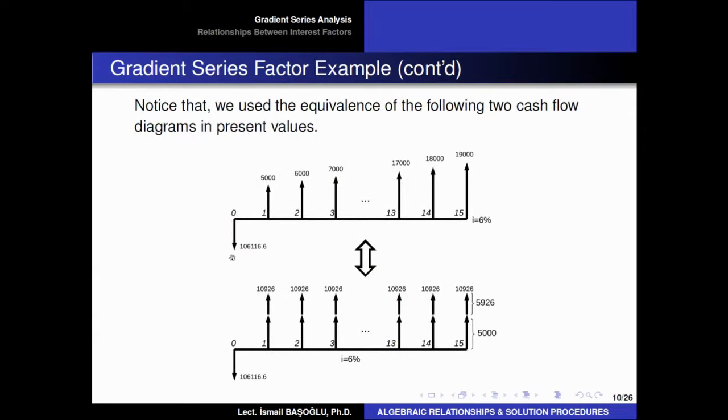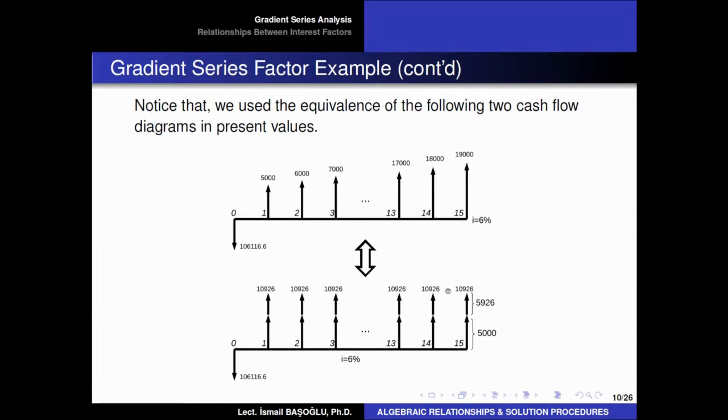So this means what? If you invest or deposit $106,116.6 right now into a savings account which pays 6% compounding interest per year, you can either withdraw this money as it gains interest through time in a gradient series form, starting with $5,000 and a $1,000 increase in each subsequent year, or you can take your retirement salary as a constant payment at the end of each year of $10,926.